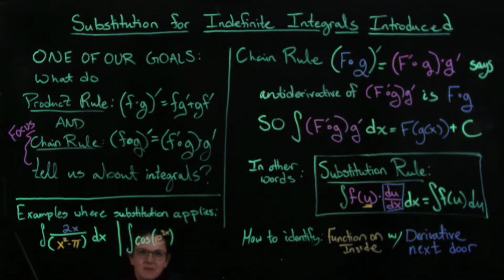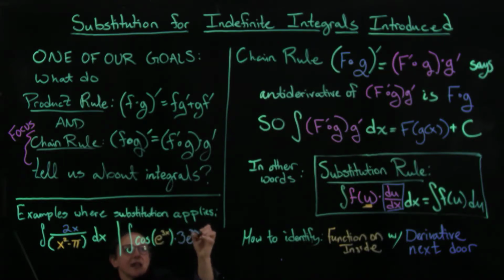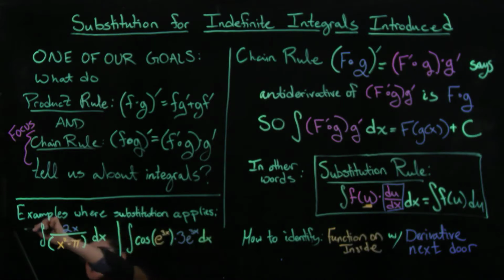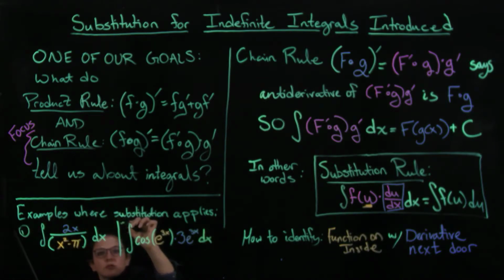Then my derivative next door would look like 3e to the 3x, and then the dx. So this is example 1, this is example 2.